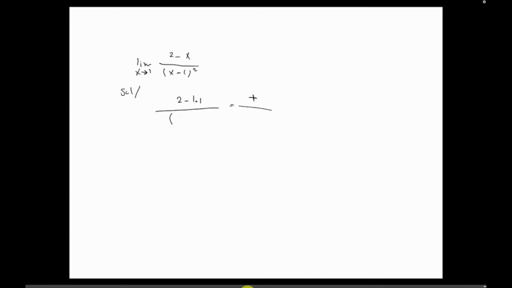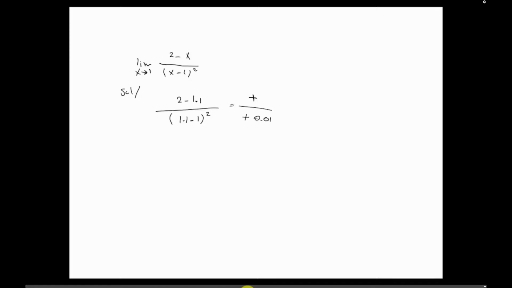And over here, we have 1.1 minus 1 raised to power 2. So this is going to give us a positive denominator also, but a very small number. We're going to get 0.1, 0.01.